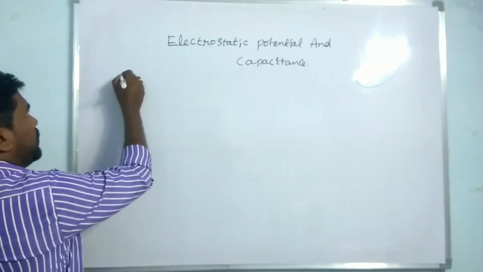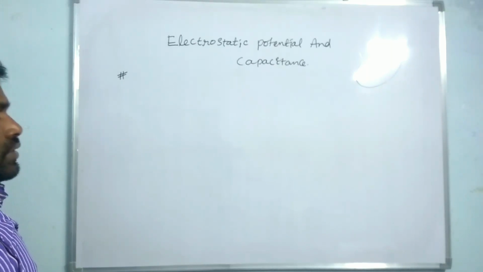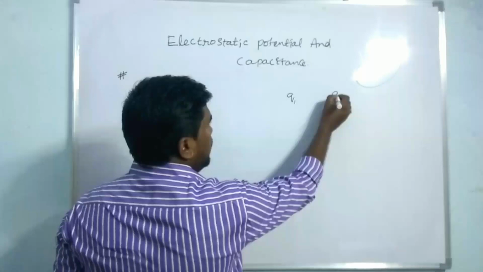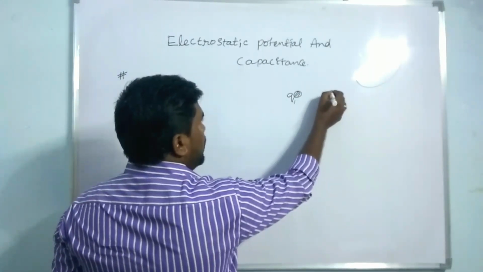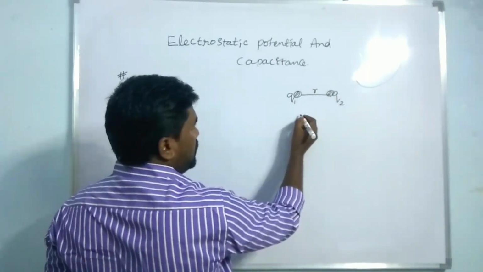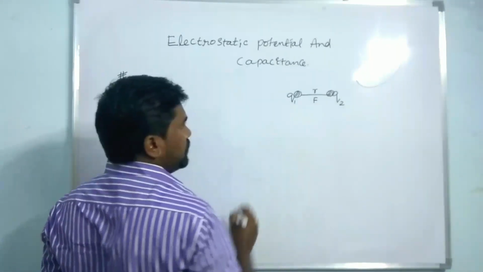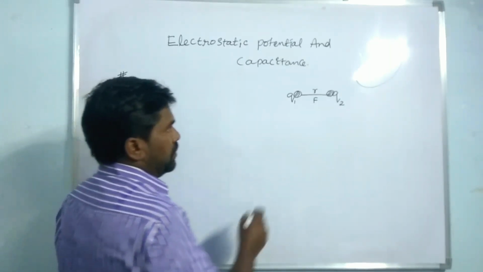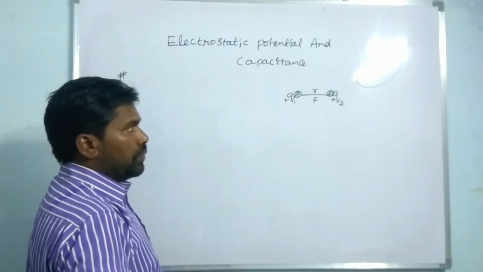Right. In our previous knowledge, we have discussed very well Coulomb's inverse square law. If any two charges Q1, Q2 are separated by a small distance, either a force of attraction or a force of repulsion will be acting between them. If there are two equal charges, then the repulsion force will be acting.